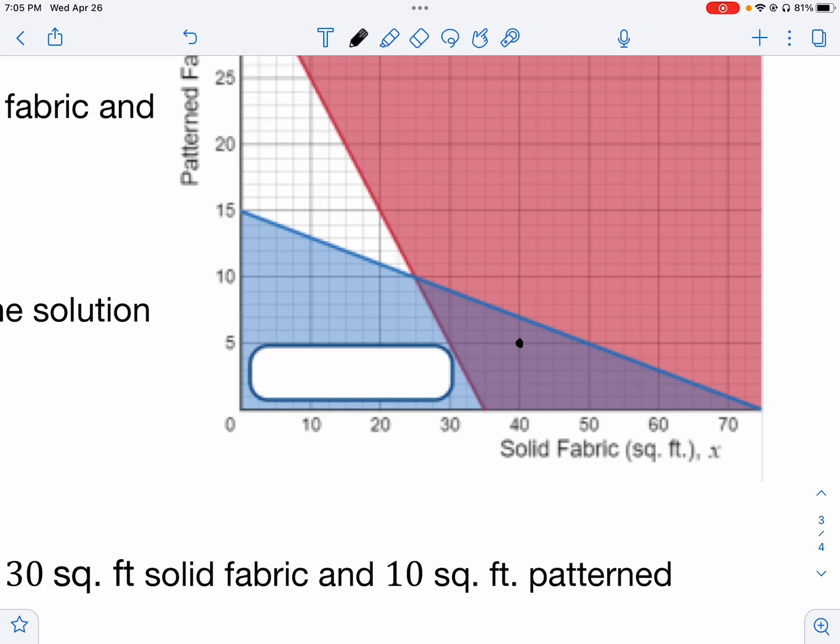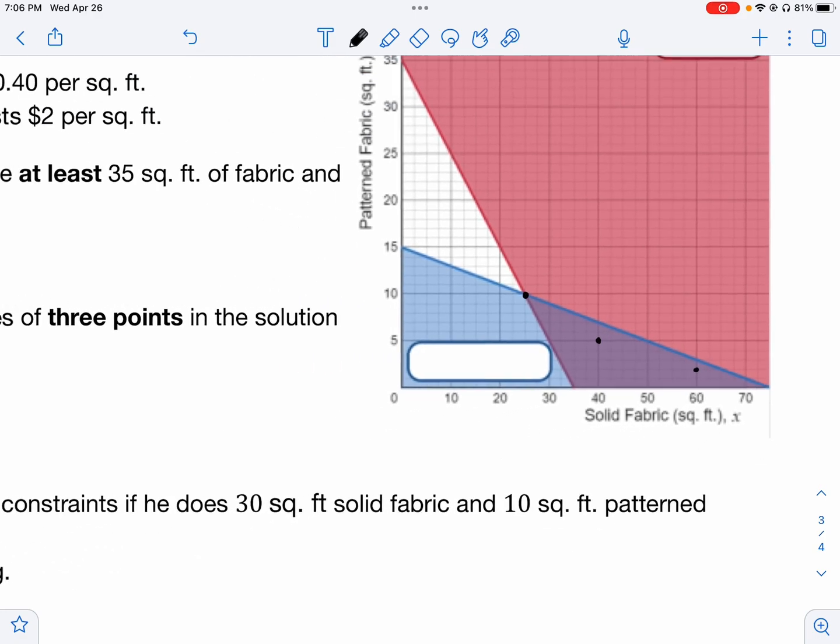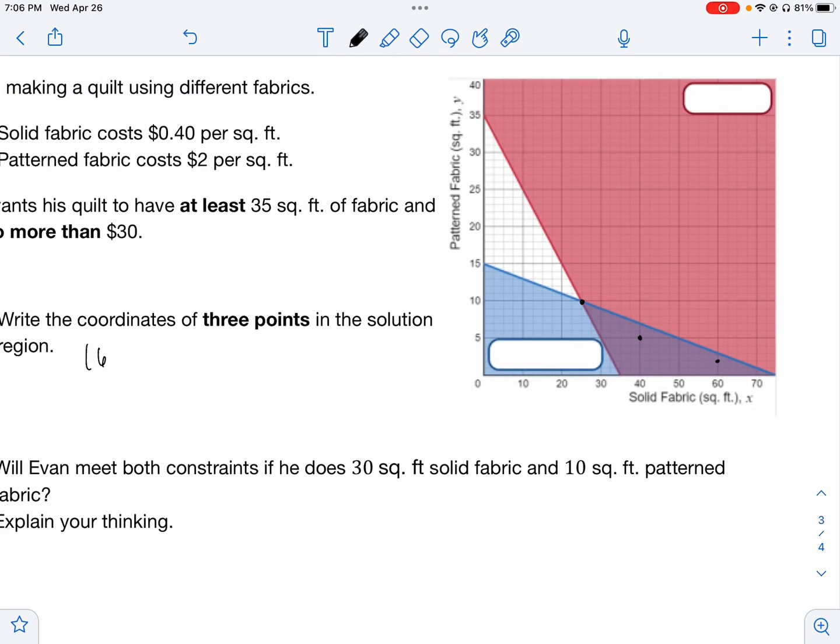Since both of these are solid, the intersection is a point, but also maybe like 60, 2 is a point. Writing down all of those, and 25, 10.